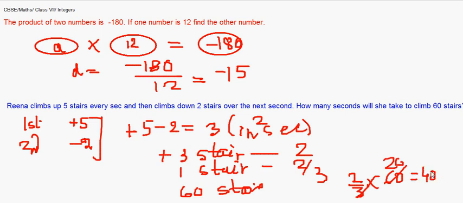So in 40 seconds she will climb 60 stairs. Hope you understand, because this is how you need to see a positive expression with a negative: because it is going down, that makes it minus 2, and if it is going up, it is expressed as plus 2.